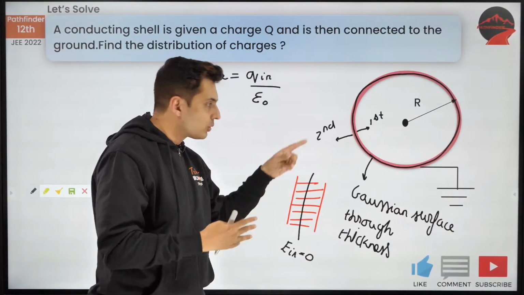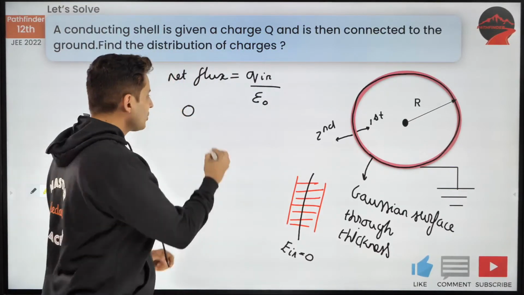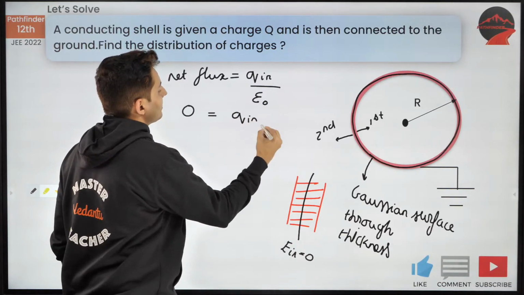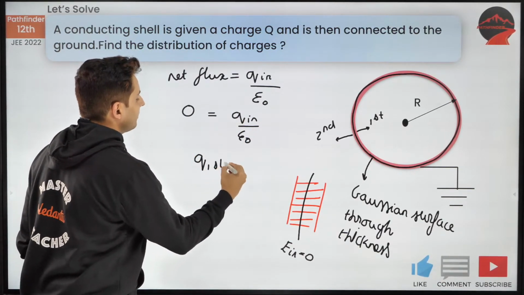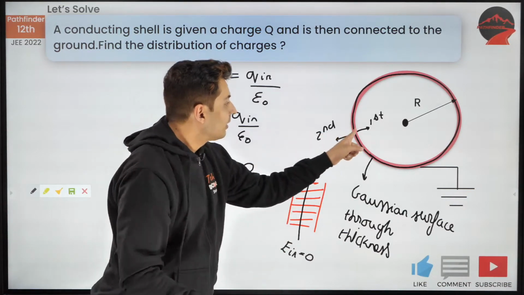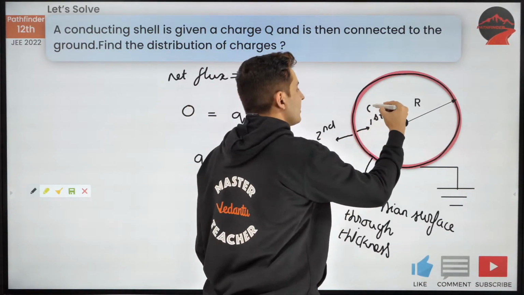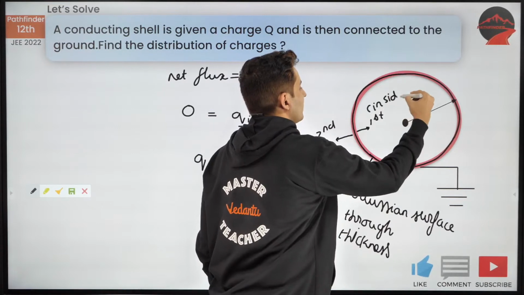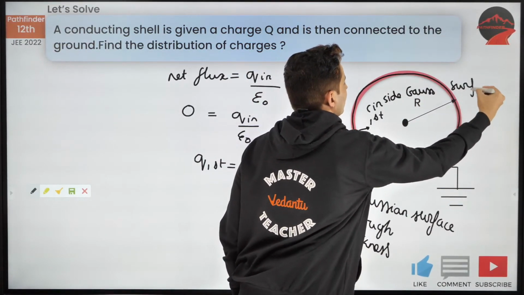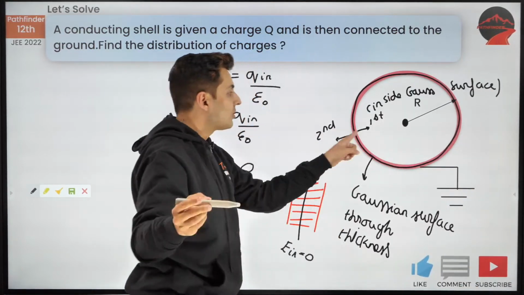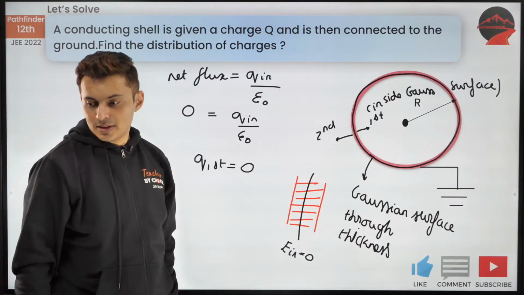Nothing will pierce through that Gaussian surface. So shouldn't inside charge be 0? So that means Q on the first surface, because remember the first surface is inside the Gaussian surface. So hence the inside charge should be 0.